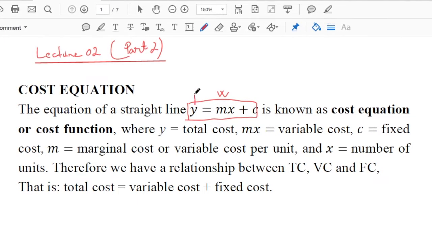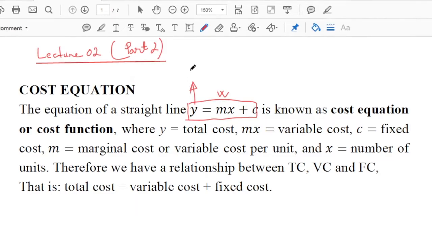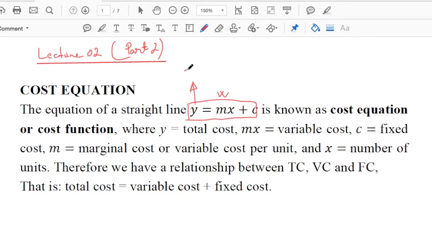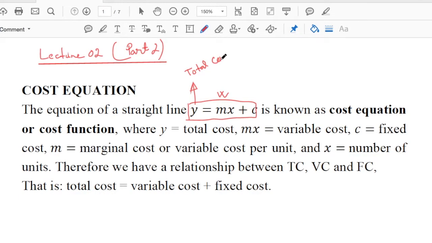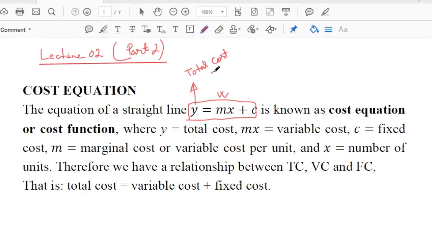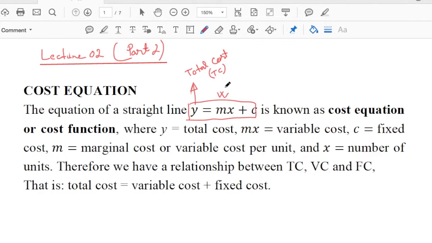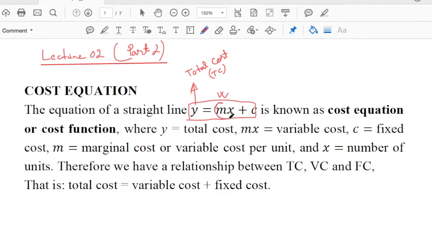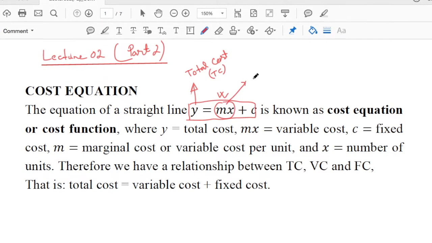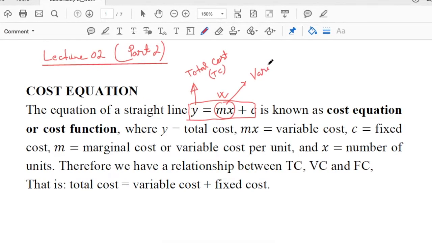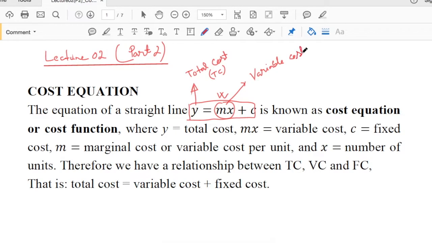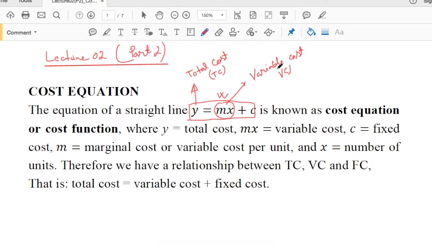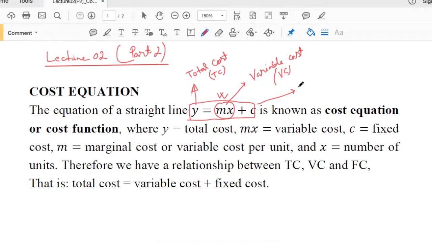is called total cost. Y represents total cost, and mx represents variable cost, or VC, and C is the fixed cost.